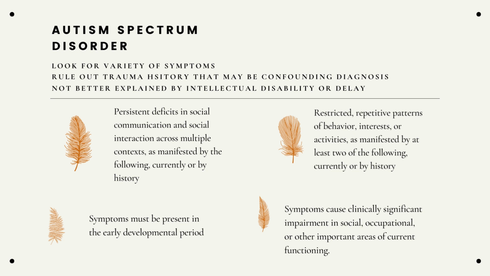We're also looking for restricted and repetitive patterns of behavior, interests, or activities, so stereotyped or repetitive motor activities or use of objects or speech, such as lining up toys or flipping objects. Some people have things lined up just so, or they may do something called stimming, where they repeat a particular movement over and over again.